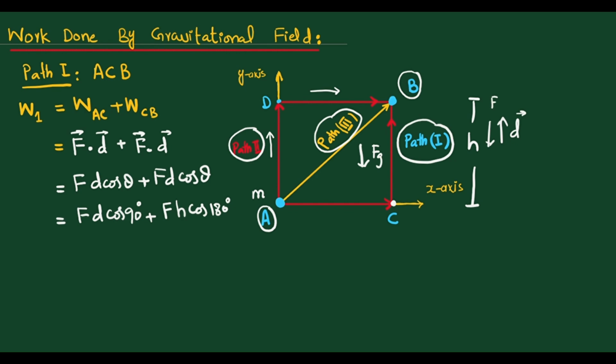The gravitational force is vertically downward. Both are anti-parallel, so the angle between force and displacement will be equal to 180 degrees.